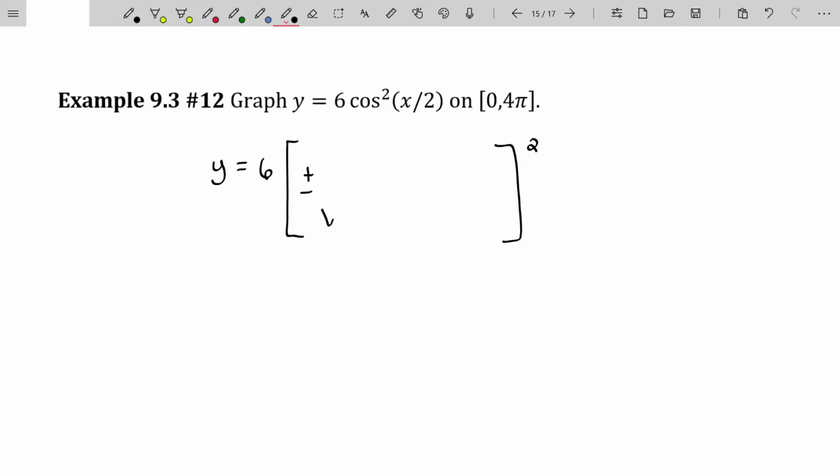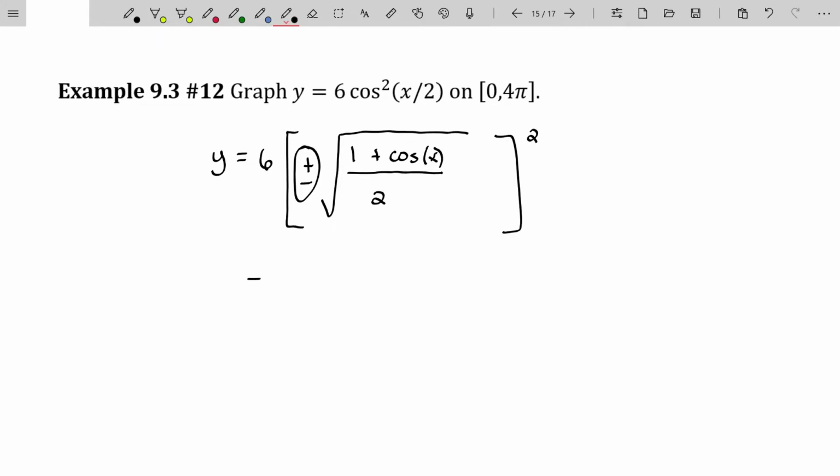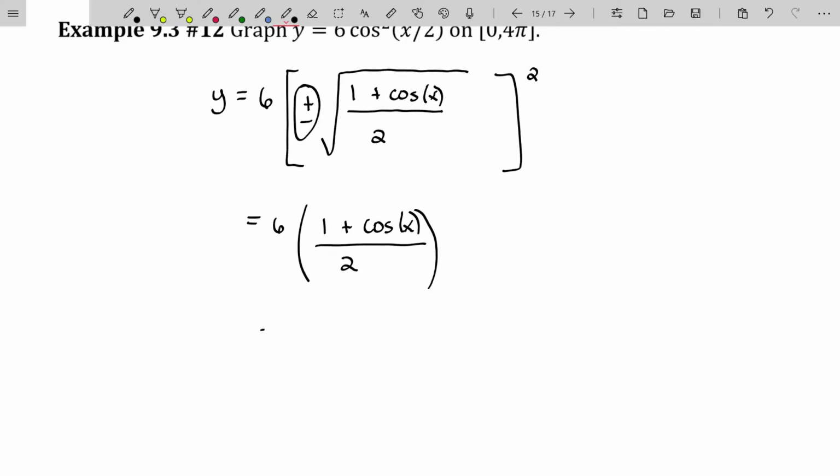The half angle formula, remember, is plus or minus the square root of 1 plus cosine of x over 2. And when you square that, squaring a plus or a minus becomes a positive. Squaring a square root kills off the square root. And so you get that this is 6 times 1 plus the cosine of x over 2, or in other words, this simplifies down to 3 plus 3 cosine of x.